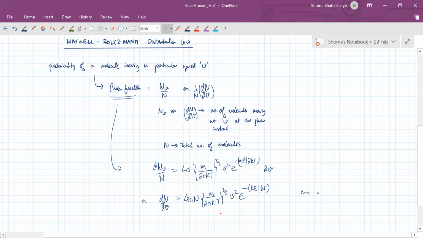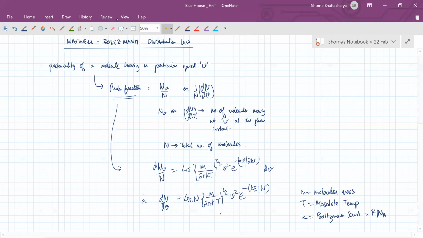So here m is molecular mass, T is absolute temperature, okay, and small k is Boltzmann constant, that is R upon Avogadro's number. And obviously this is what we can call basically nv.